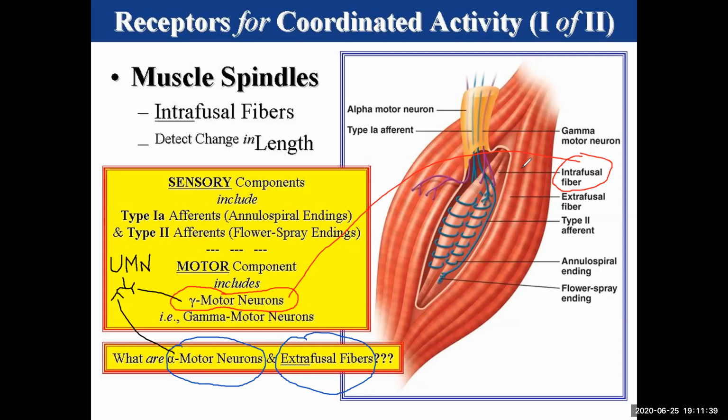Right? So what's going to happen is when the extrafusal fiber contracts, the alpha motor neurons propagate action potentials faster than the gamma motor neurons, because the axons of the alpha motor neurons are larger in diameter, and in terms of myelination also.